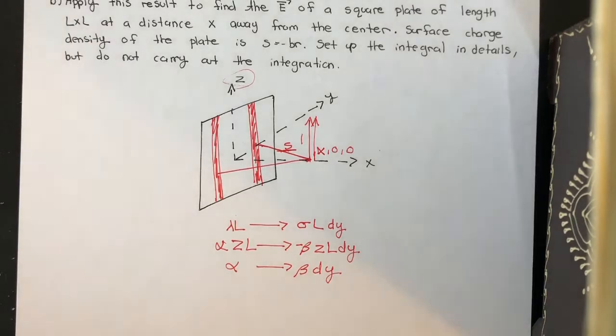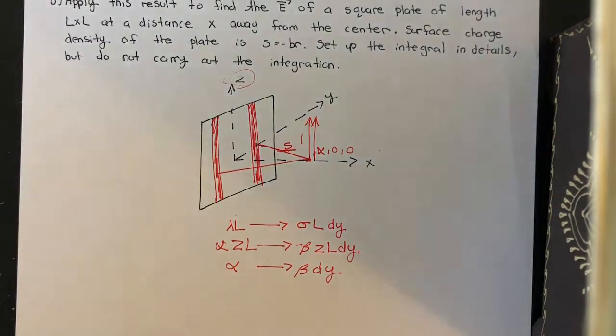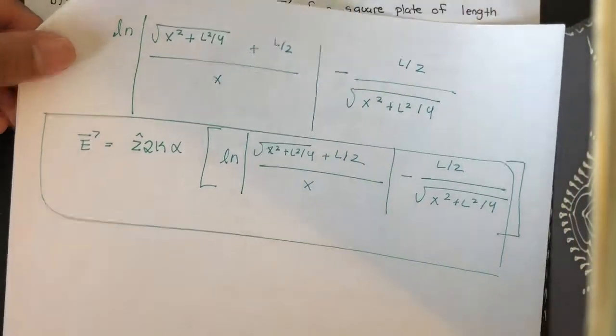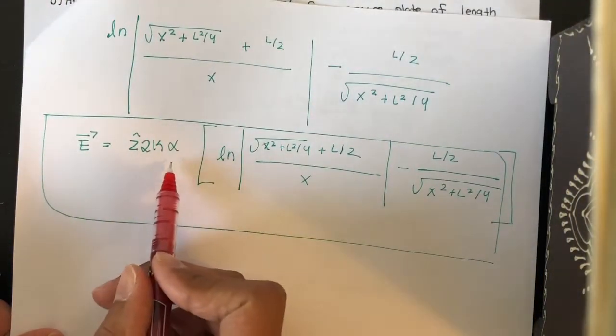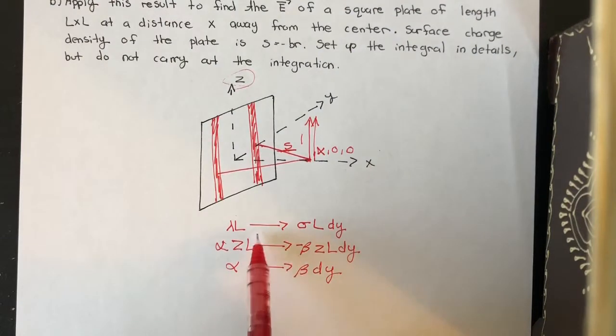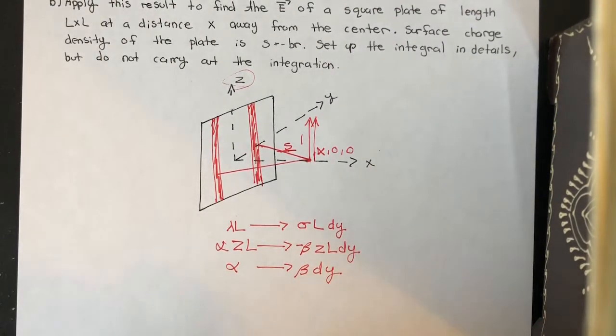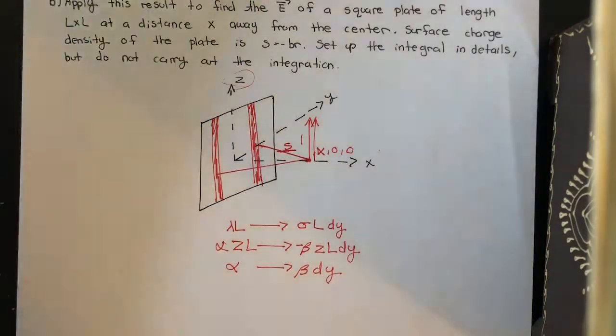Okay, and now taking our result from A, we're going to substitute the alpha for beta dy, and then x is going to be substituted for S, and then we'll go from there.